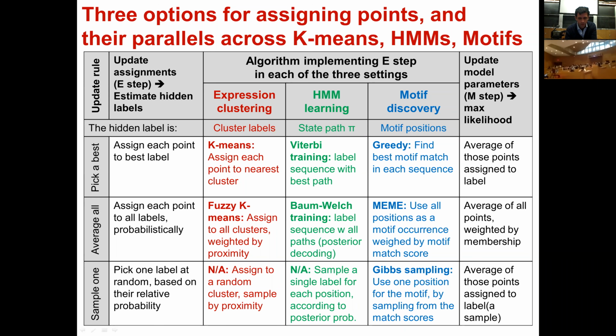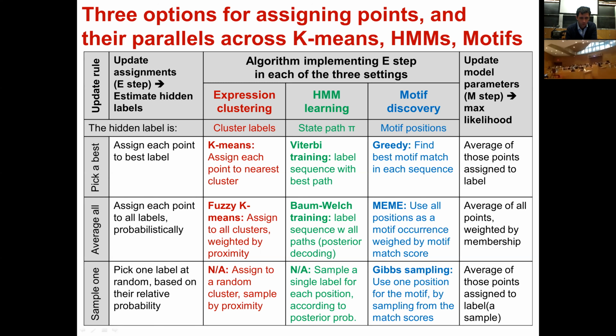And then similarly, with HMM, the hidden labels were the state path. Basically, what are the hidden labels of every character in my sequence? And then the parameters of that path were basically the emission probabilities and the transition probabilities between those.